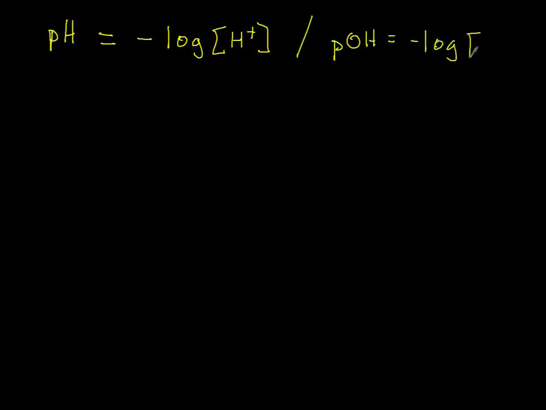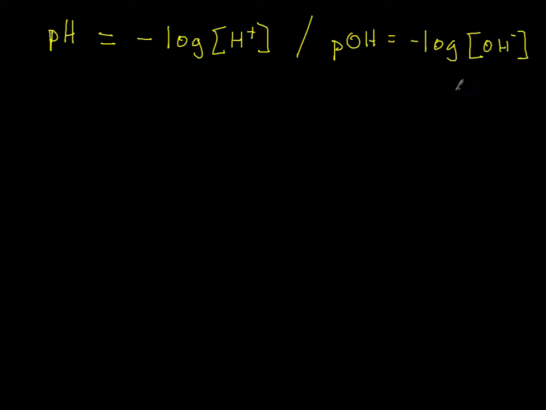Now, what is pH? The formula for pH is the negative logarithm of the hydrogen ion concentration. If the pH is the negative log of the hydrogen ion concentration, we can also have a pOH formula, which is equal to the negative logarithm of the hydroxide ion concentration.